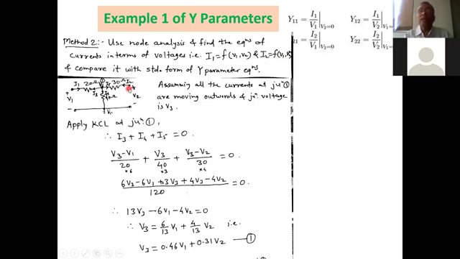Now for node analysis, how many non-reference nodes are there? That you have to find first. In this network, only one node is there, where I have kept this cursor. So this is node 1, but while assuming the voltage at this node, I have to take care that we have assumed the voltage at port 1 is V1 and the current entering the port is I1, and V2 and I2 are the voltage and current at port 2.